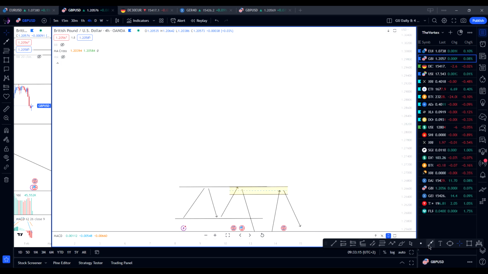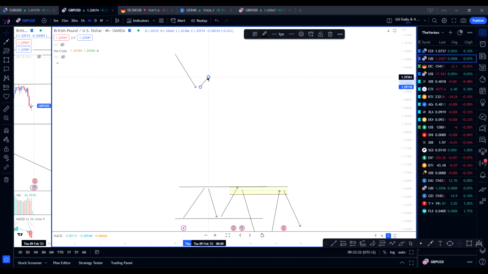Another way is the continuation order blocks. If we have already broken through a range like this and we are beginning some sort of trend, we normally see price move down, right? A little bit of relief, and within that relief, it is possible to see an order block if price impulsively breaks through and carries on south.